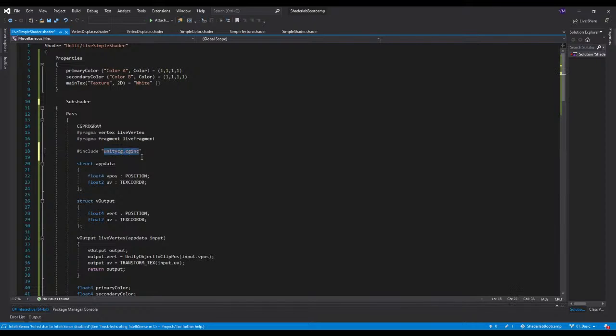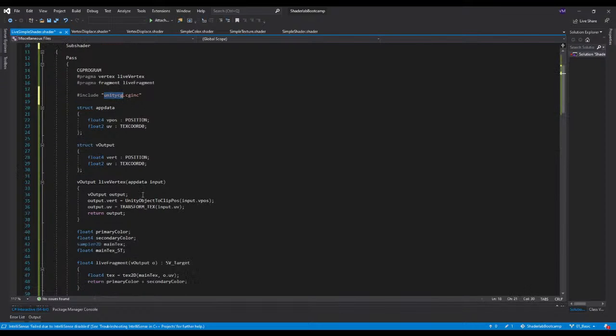The extension is CGINC, that is CG include. We're calling a CG include kind of file which will have this TRANSFORM_TEX function.